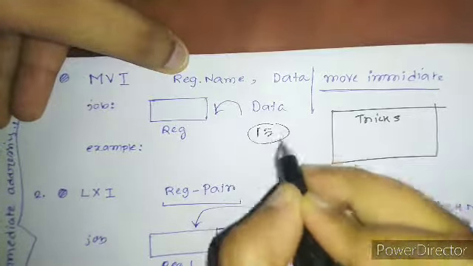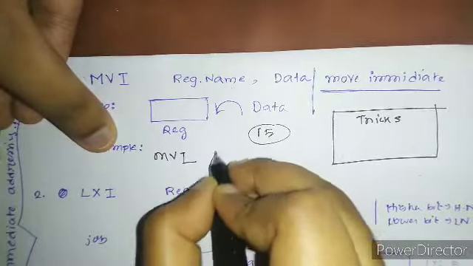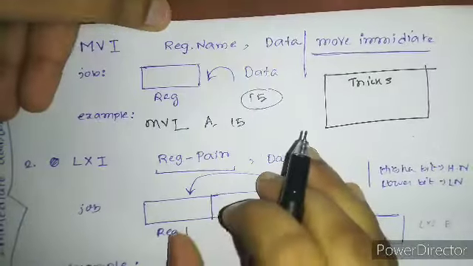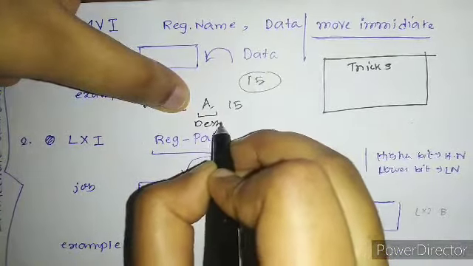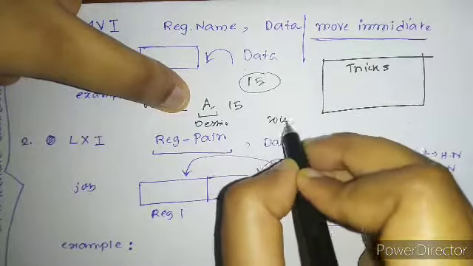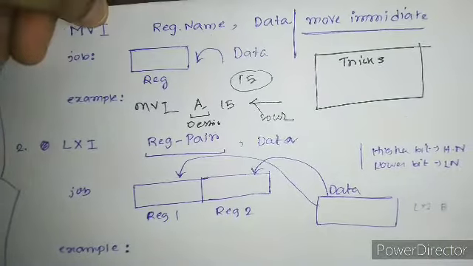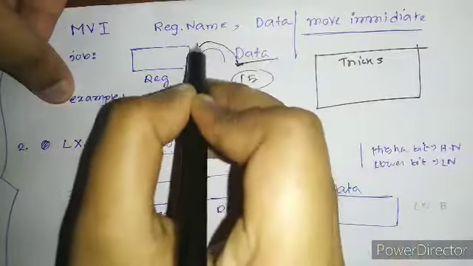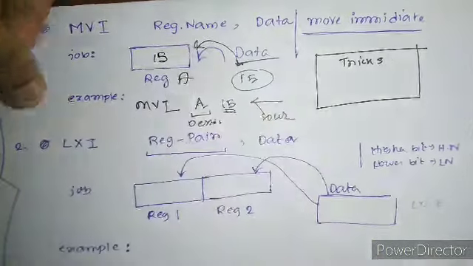Suppose I have written MVI A, 15. In every programming language, you know that first we write the destination, then the source. So it's left assignment, right? This instruction means assign the data to the register. So 15 will be in A.